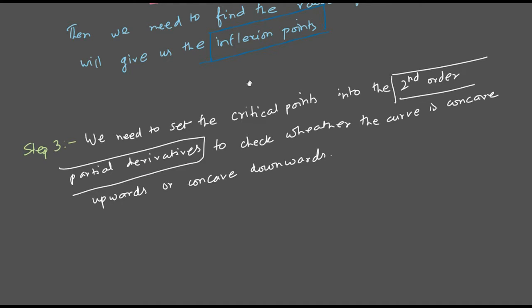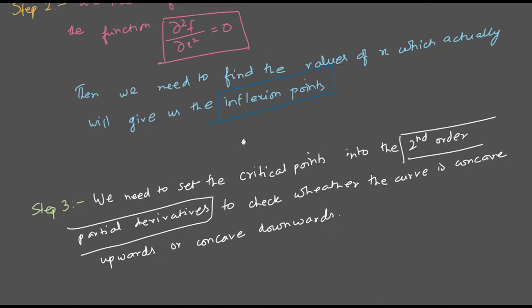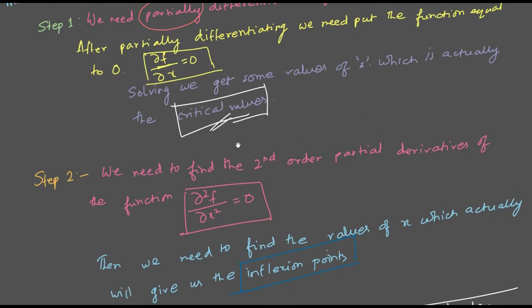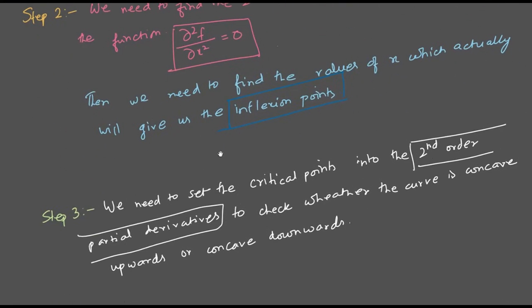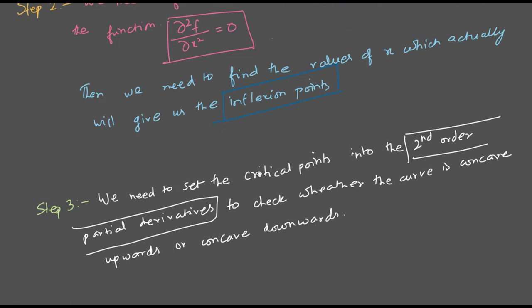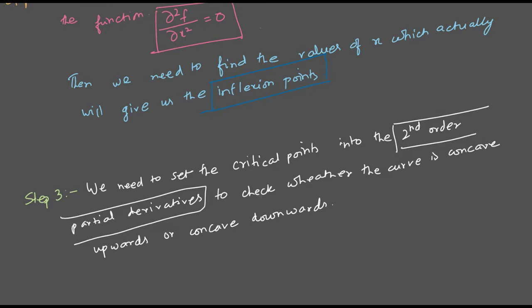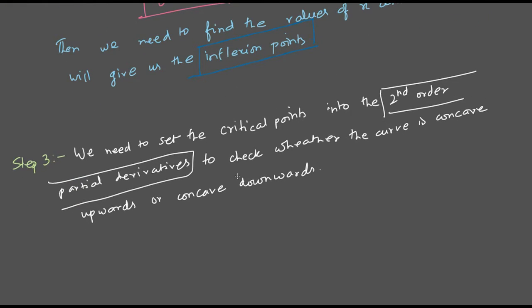After that, we need to check whether the values are positive or negative. If the value is positive, it is concave upwards. If the value is negative, it is concave downwards.